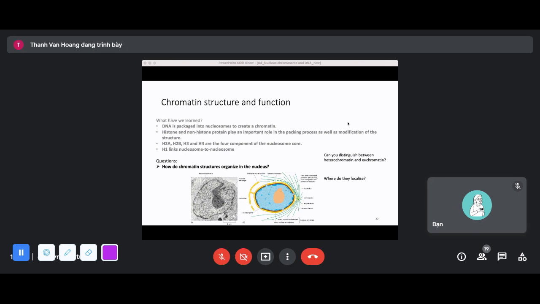Could somebody please describe it? What do you see here? I'm sure that you see the nucleolus. It's a big dark structure here. It's the largest compartment within the nucleus. And what is the function of the nucleolus? Do you remember?